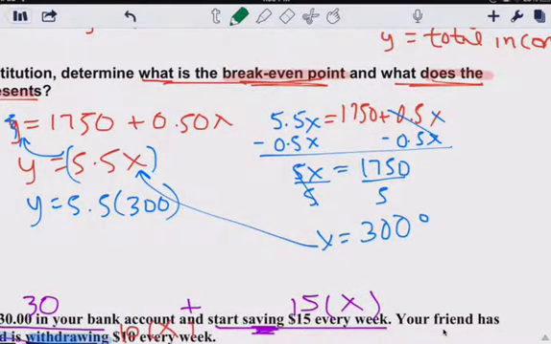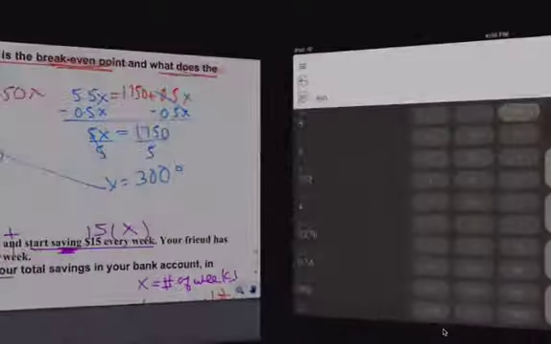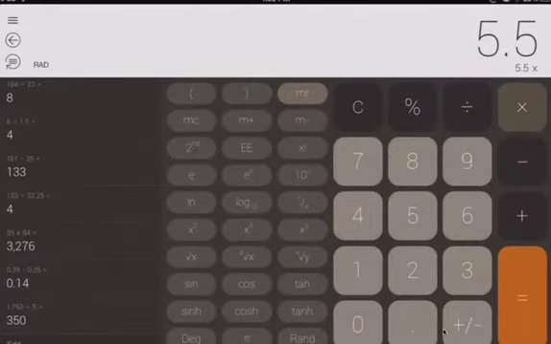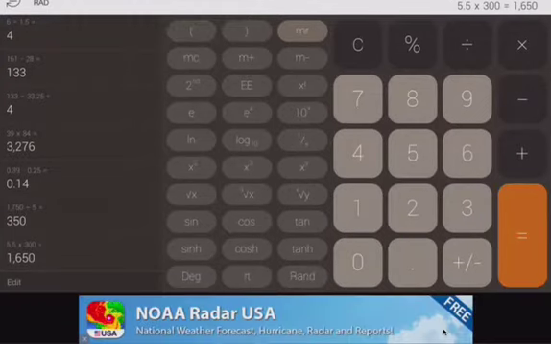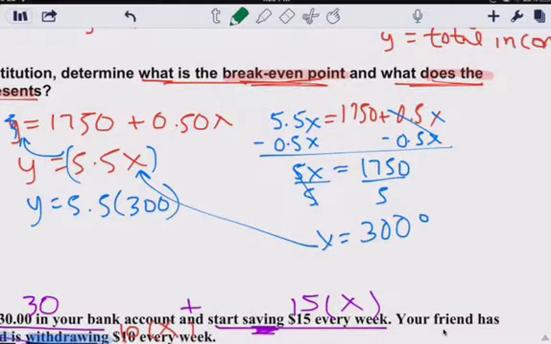My brain. 350. 1925. Wow. Good thing I didn't ask you guys to graph this one, huh? Should be easy though. y equals 1925.